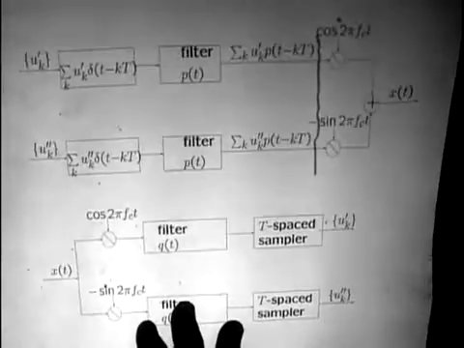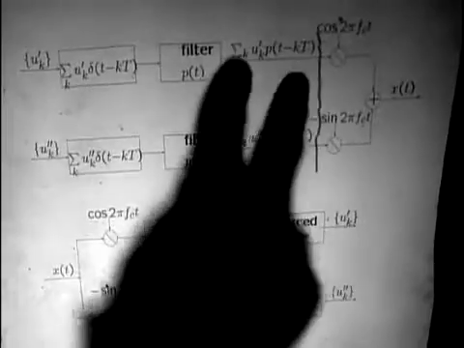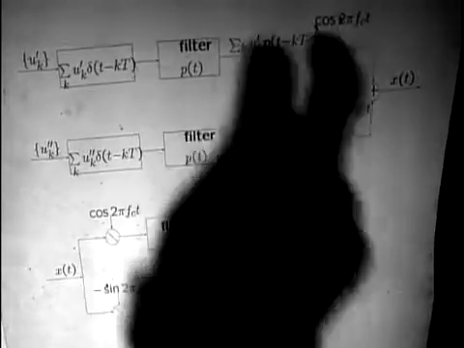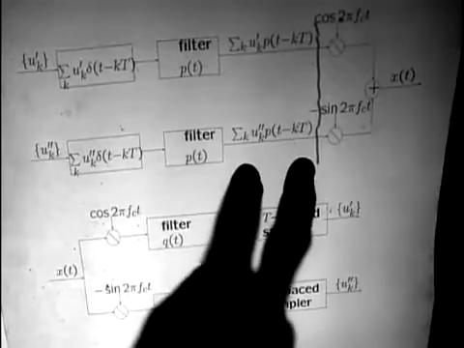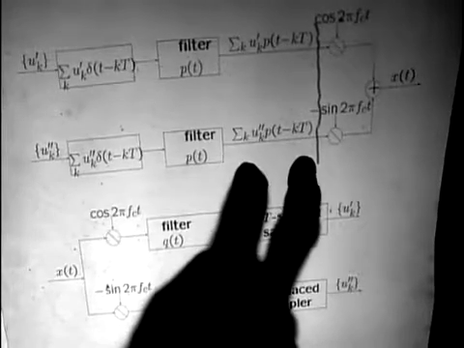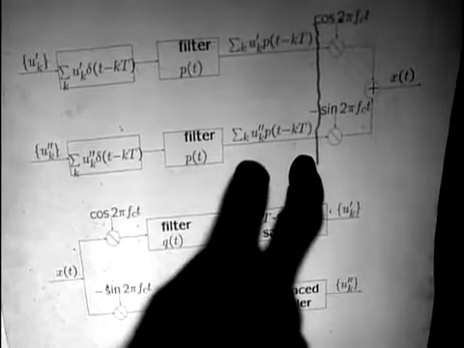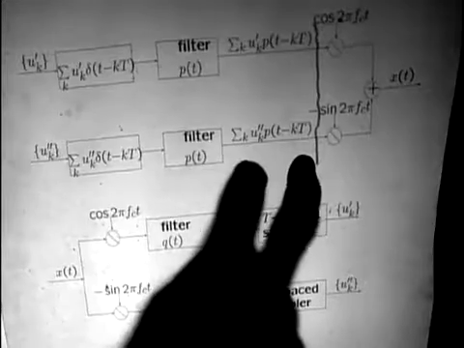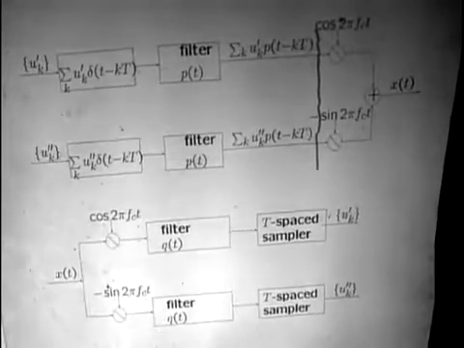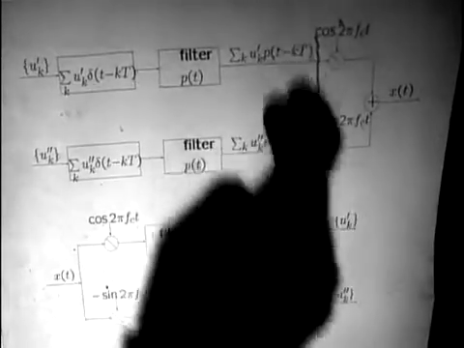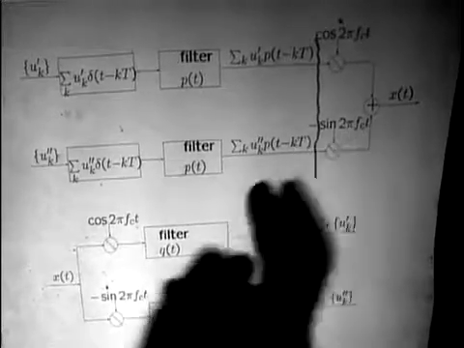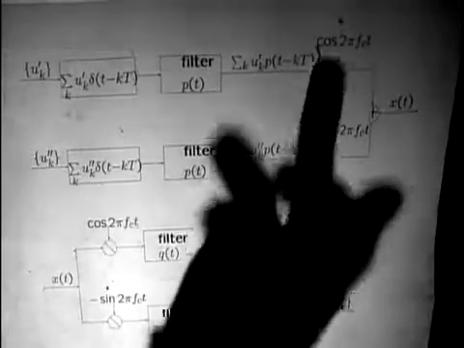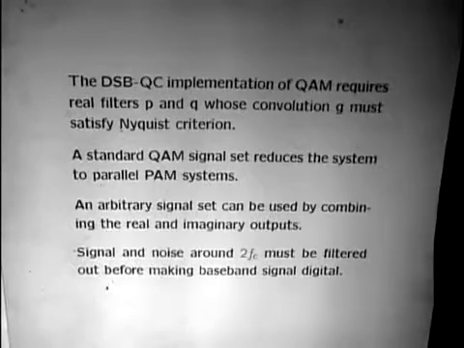In the other implementation we had, you have this, which is a complex waveform, plus this, which is another complex waveform. You multiply it by e to the 2 pi i fc t, and then you take the real part of it, and everything comes out in the wash. Here we need this to be real and this to be real in order to be able to implement this just by multiplying by cosine and multiplying by sine.